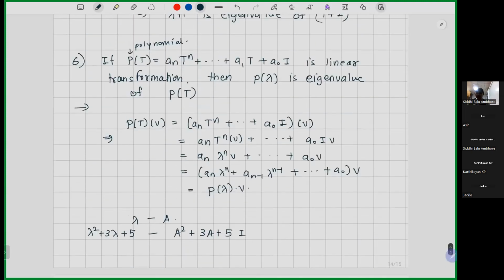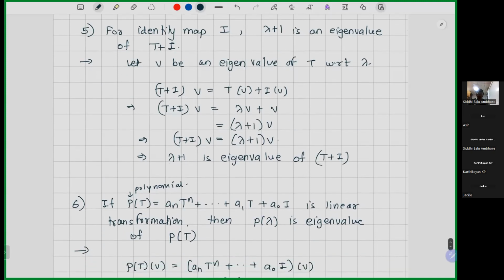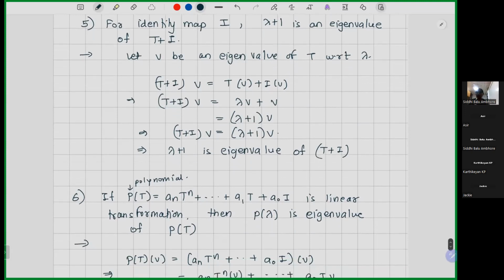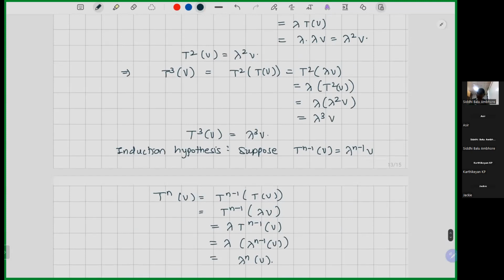Note that since we had v here, an eigenvector of T, when we were doing all this manipulation, addition, subtraction, and using the linear property of T, it was the same T working here.